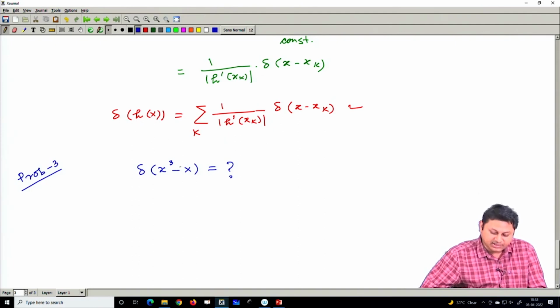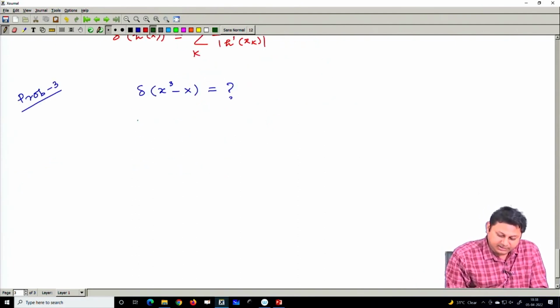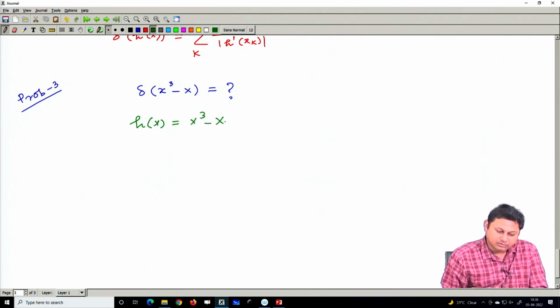So let me write it here. My h of x here is this function, x cube minus x.